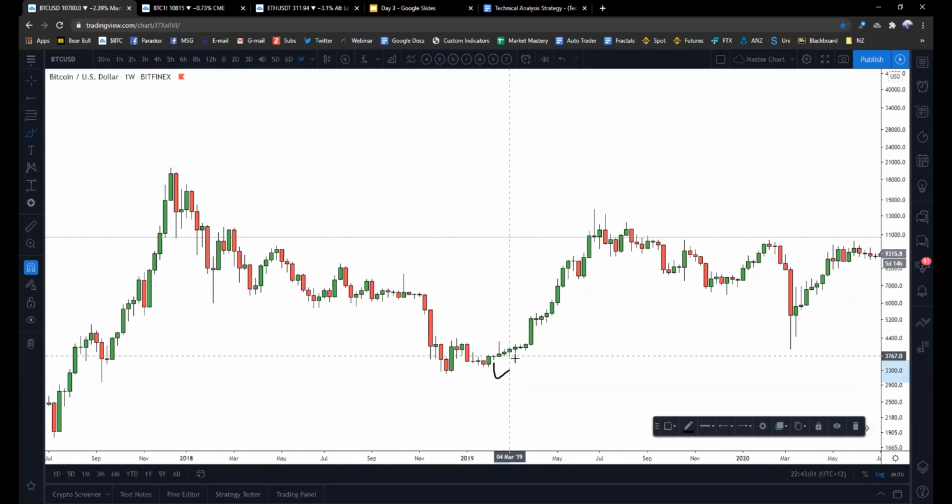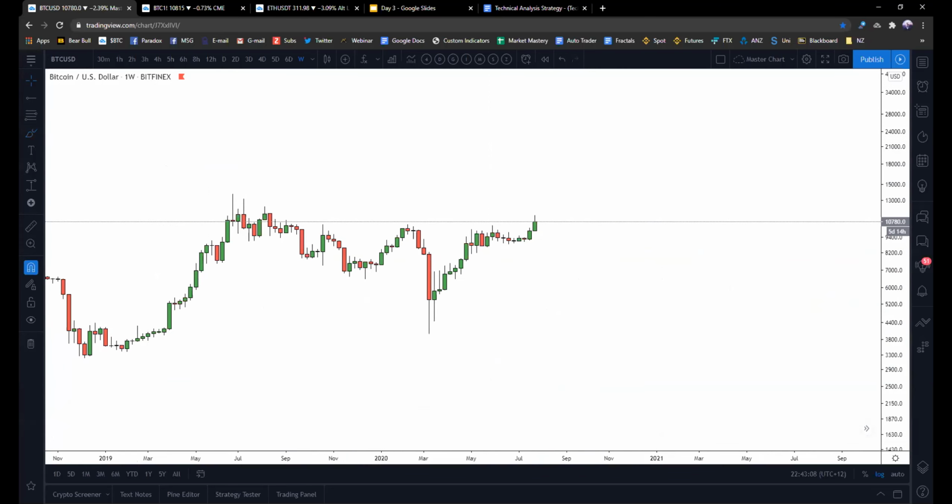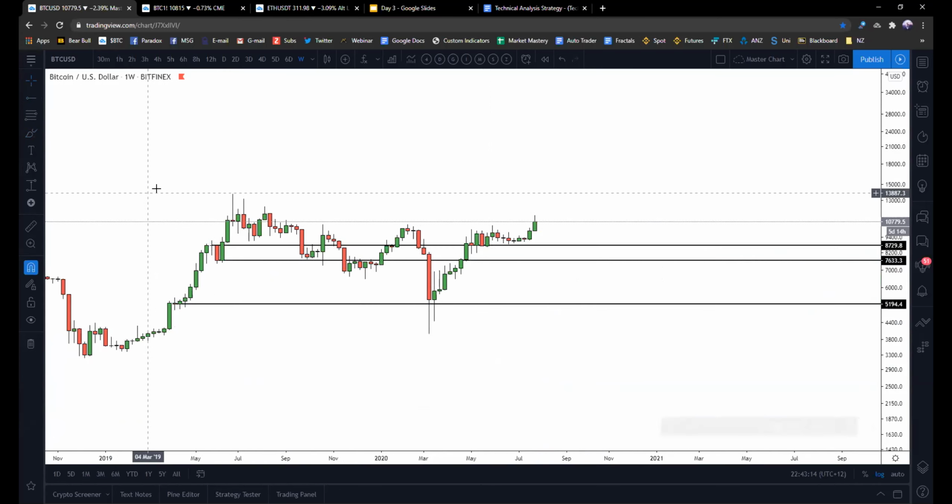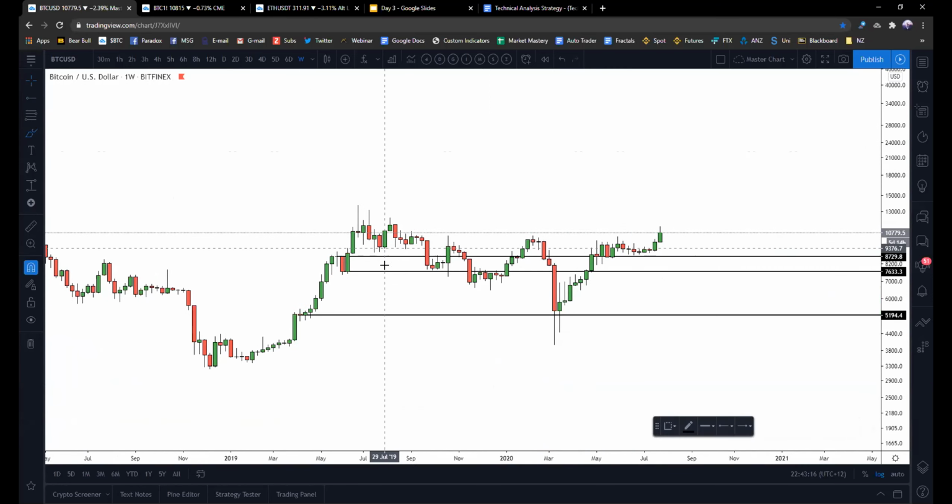Here's another example on the way up. We printed one little red candle here and a second one here. So if we apply that same approach to these two, put them on the bottom, you can put them on the top as well. We can see price came to it, held it, and came out of it. It was resistance for a long time, then got above it.